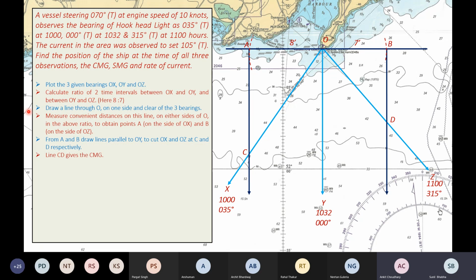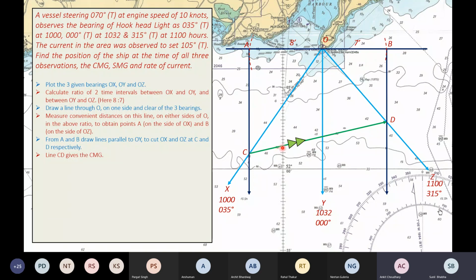Now in the next step, we join these 2 points C and D. You can see this green color line on the chart joining these 2 points. This line CD which we have on our plot now gives us the course made good.